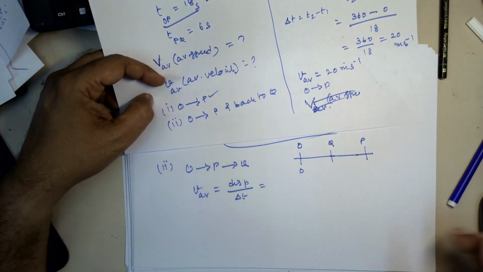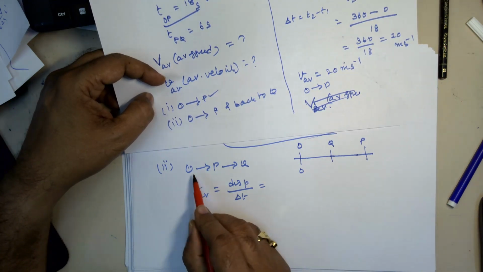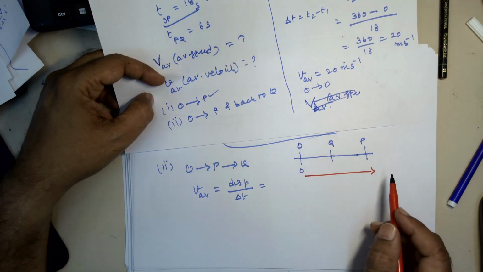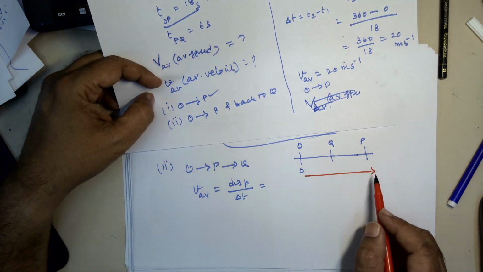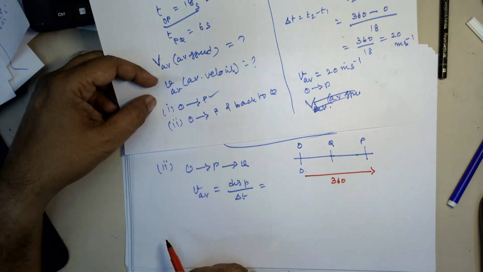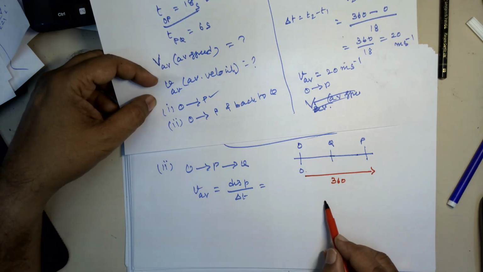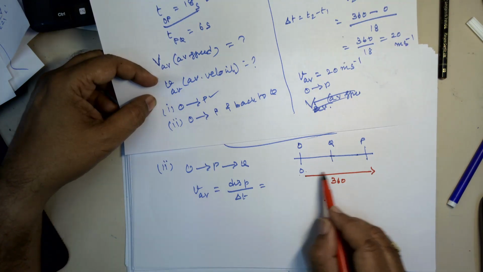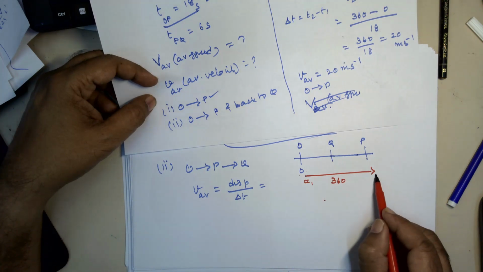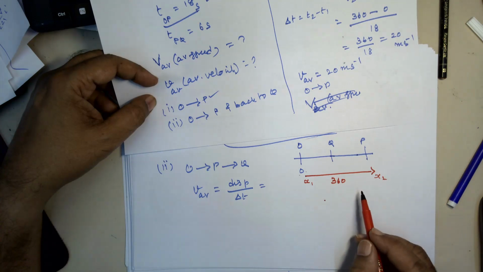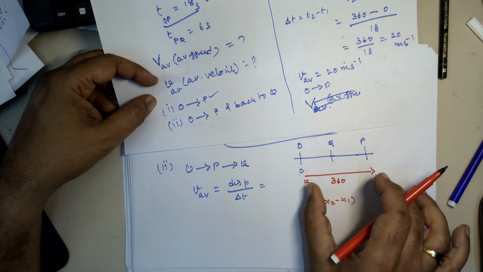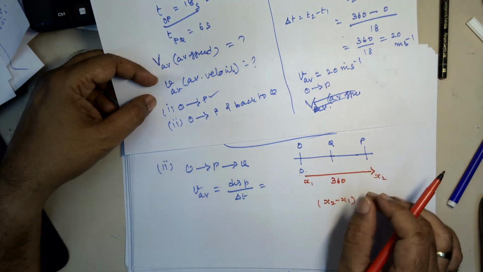Here, that is O to P. O to P, I'm traveling. What kilometer do I travel? 360. I have traveled 360. Okay. So in that case, this one minus this one. Let me say this is x1, this is x2. So this is x2 minus x1. That is the displacement, right?